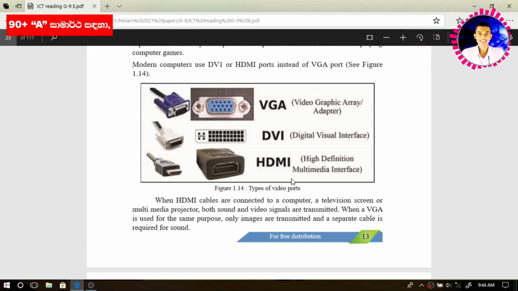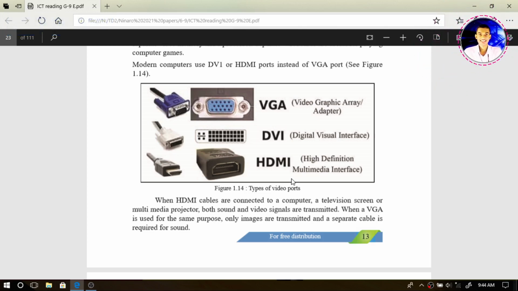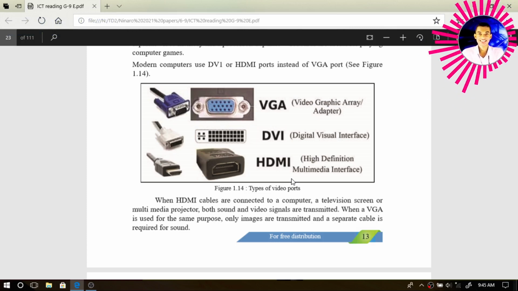But in our laptop computers we can see that there is a shared memory for the video. Probably it will be shared through our main memory, which means through the RAM card.